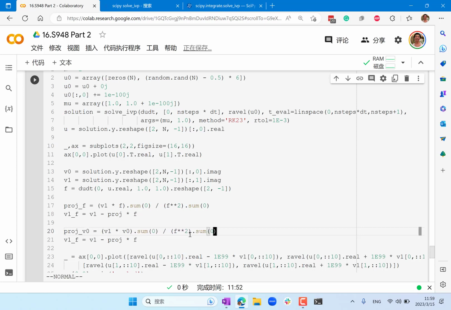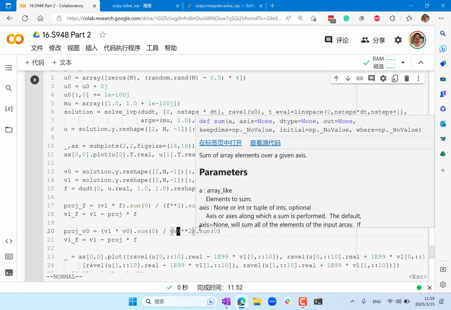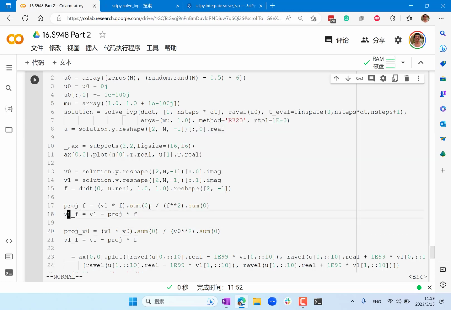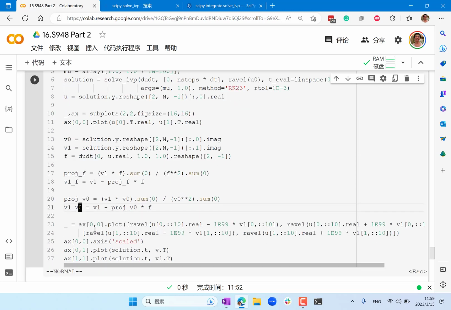So v1 times v0 divided by v0 squared. Okay, and v1 projected by v0 is equal to this times, oh sorry, I shouldn't be changing this, I should be changing this, v0.